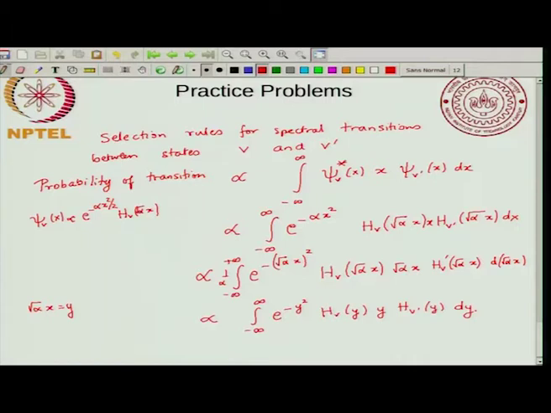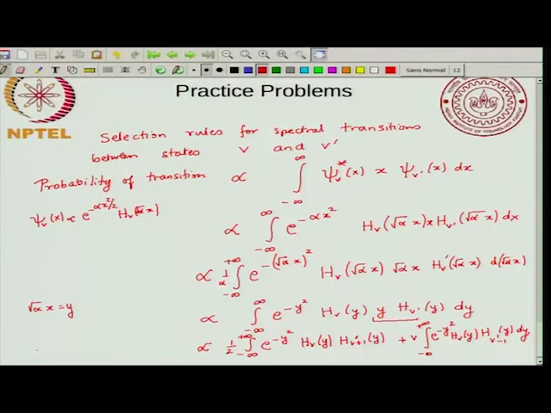Now if you use the recursion relation for y H v, this becomes proportional to the integral of e to the minus y square, H v of y, times H v plus 1 of y with a factor of 1 by 2, plus v times the other integral, which has e to the minus y square H v of y and H v prime minus 1 of y dy.